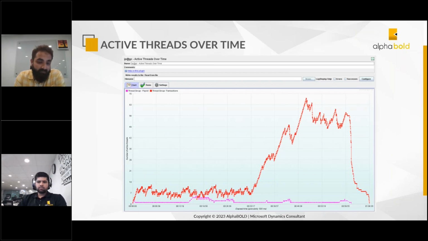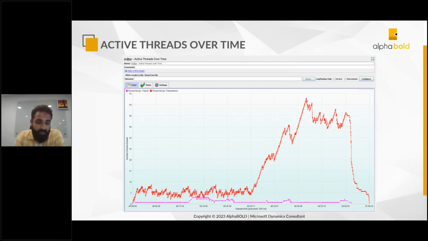This is also a time elapsed graph in which we depict that at the start of the execution it started from 0 users, but eventually, with a ramp up time of a couple of seconds or so, the users keep on coming to the system, and at a particular time it bears the maximum user load, and then it starts eventually decreasing.